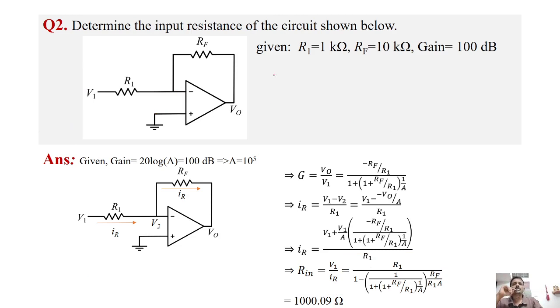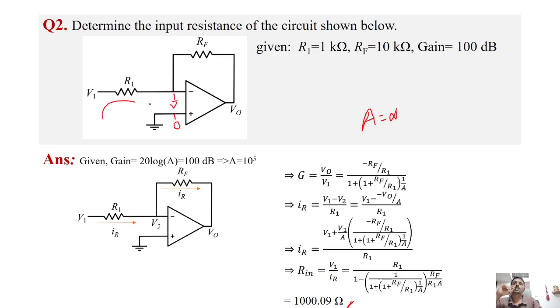Since the values R1, Rf and the gain are given, on substituting we get Rin equal to 1000.09 ohm, as written here. But if it was ideal, say the gain is equal to infinity, how would we find the input resistance? We assume this node is 0 volts, so this is also grounded, right?